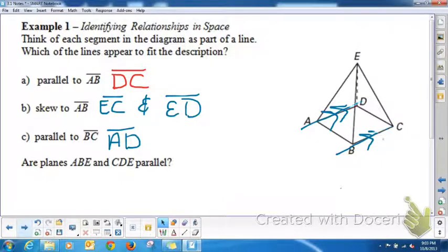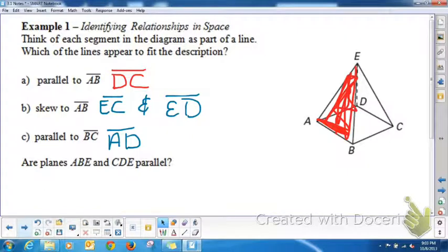And lastly, let's talk about some parallel planes. Parallel planes, that's like the front and back cover of a book. They're never going to touch. Parallel planes, so let's say, is plane ABE, so that's the front here.